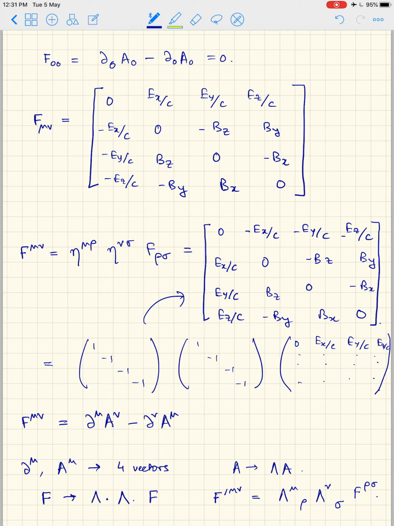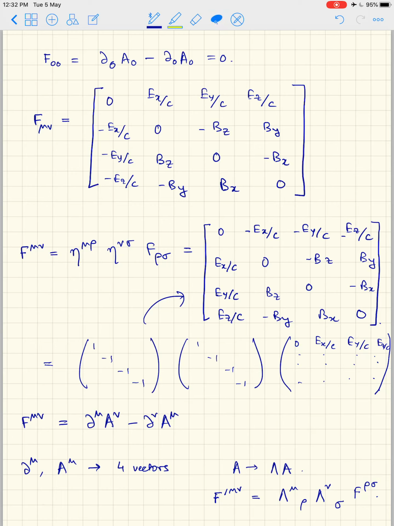So let me rephrase this a little bit. Let's try to get this in the proper matrix form. So let me erase this and bring this here.